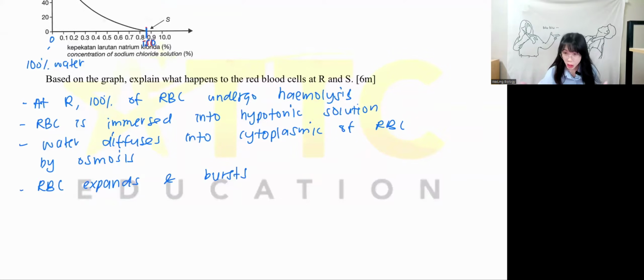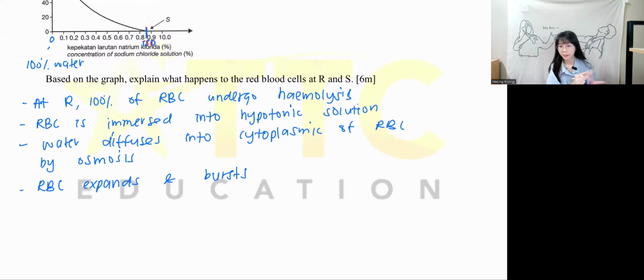If you want to talk about isotonic solution, the red blood cell remains unchanged. There is no change. So how do I mention that the water molecules diffuse in and out at the same rate? Just now I taught you a new word, right? Cytoplasmic is cytoplasm. It's to the cytoplasm of red blood cell. So when you compare the solution with the red blood cell or plant cell, you have to write cell sap. Cell sap means vacuole.